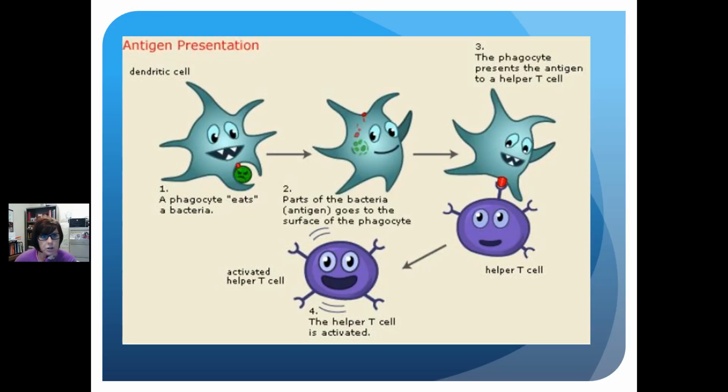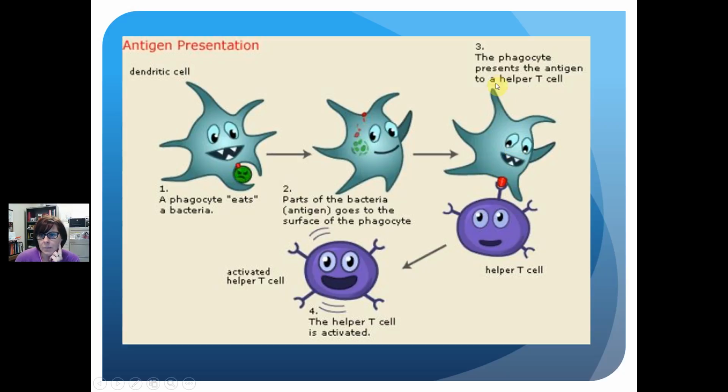So, in this cartoon here, we have a dendritic cell that is presenting a bacteria. When it eats that bacteria, it puts part of the bacterial antigen on its surface to flag in the helper T cell. So parts of the bacteria antigen go on the surface of the phagocyte, in this case a dendritic cell.